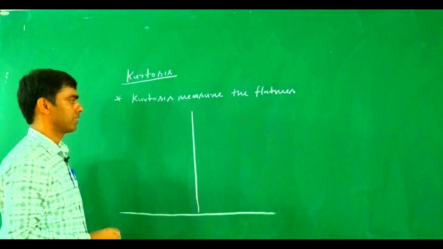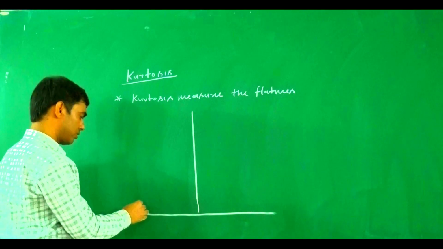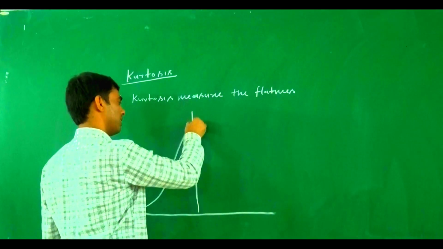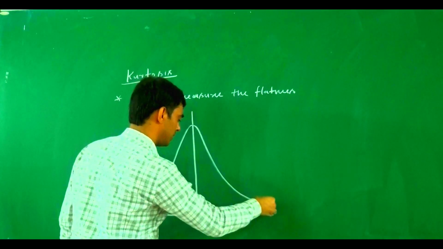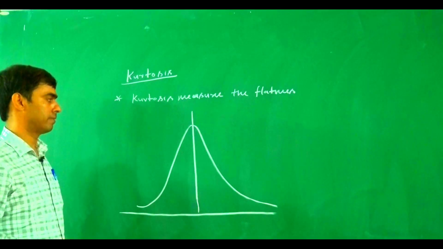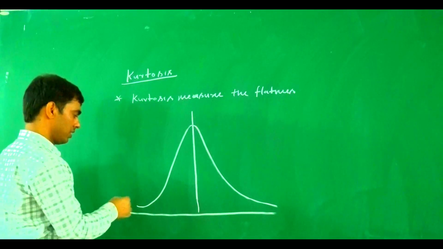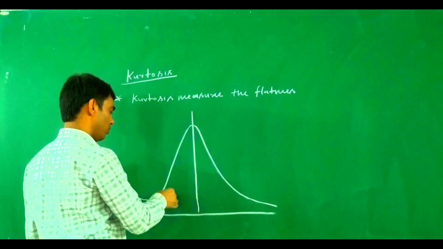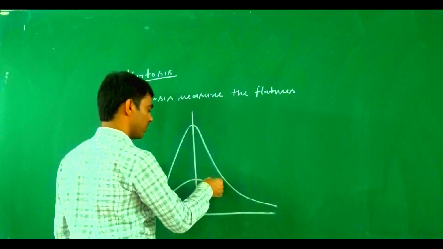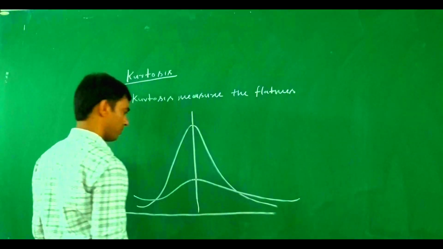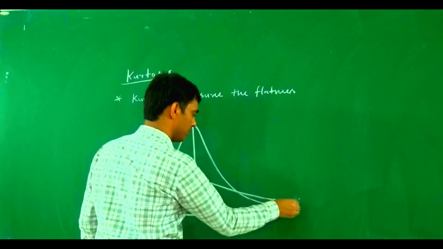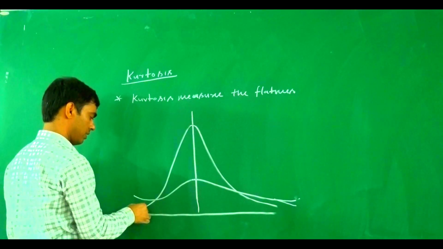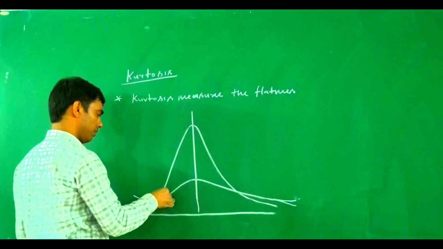There is a frequency curve like this one, and there are three types of flatness: a highly peaked curve, a low peaked curve, and a normal peaked curve.